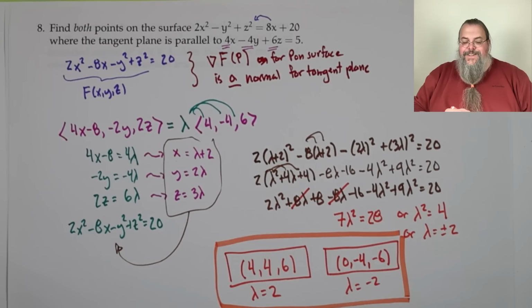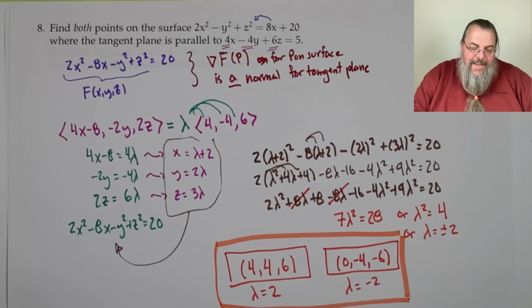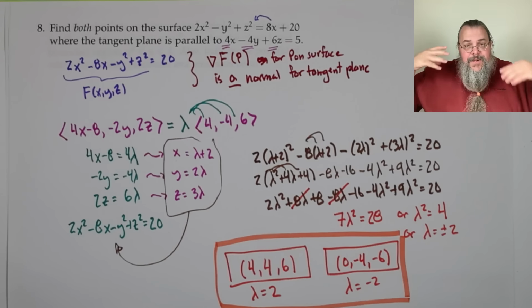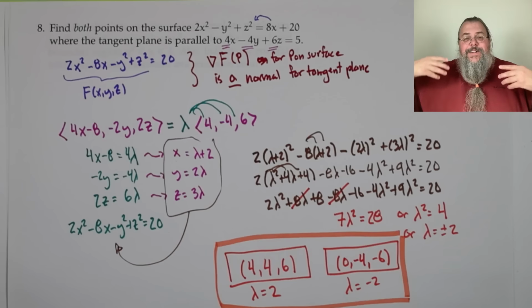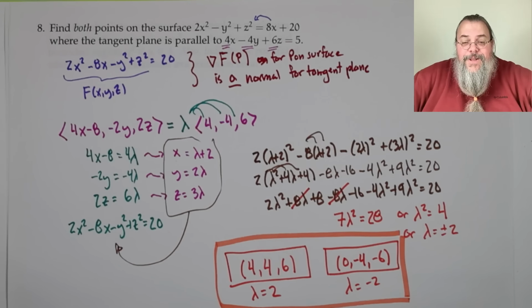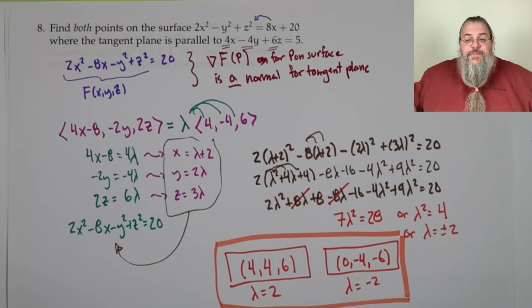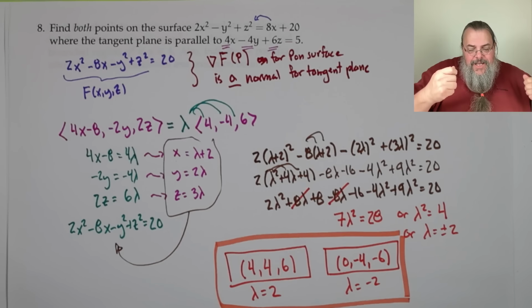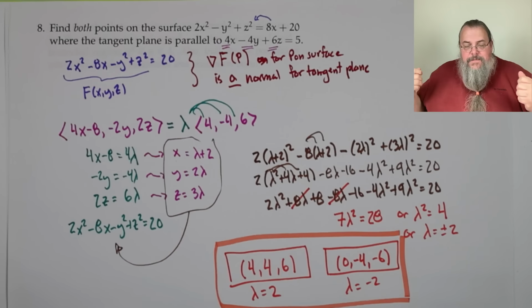Good. And so this one is kind of an interesting one. It's a little different, but being different isn't bad. We like to see different problems. It helps us think in new ways. And so for us, it was, how do we take the fact that we have these 2 points where the tangent planes are parallel?